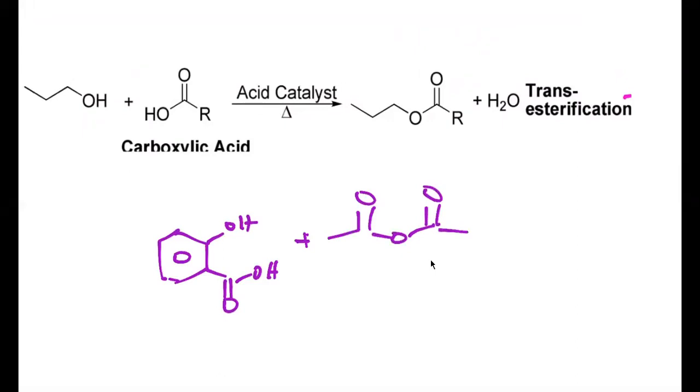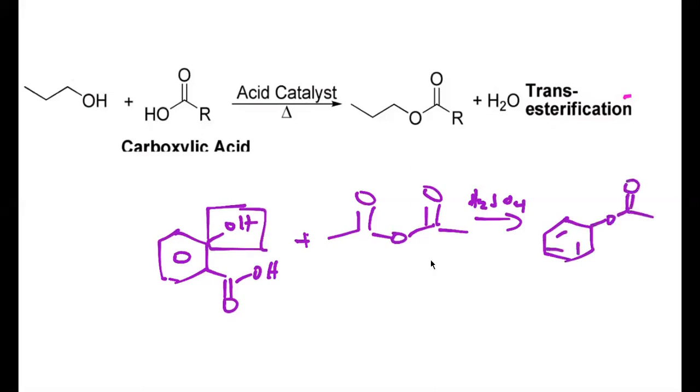And then we converted this alcohol right here into an ester using acid, H2SO4, as the catalyst. And then the end product, you end up with that alcohol becoming esterified. So we've seen this before, right?